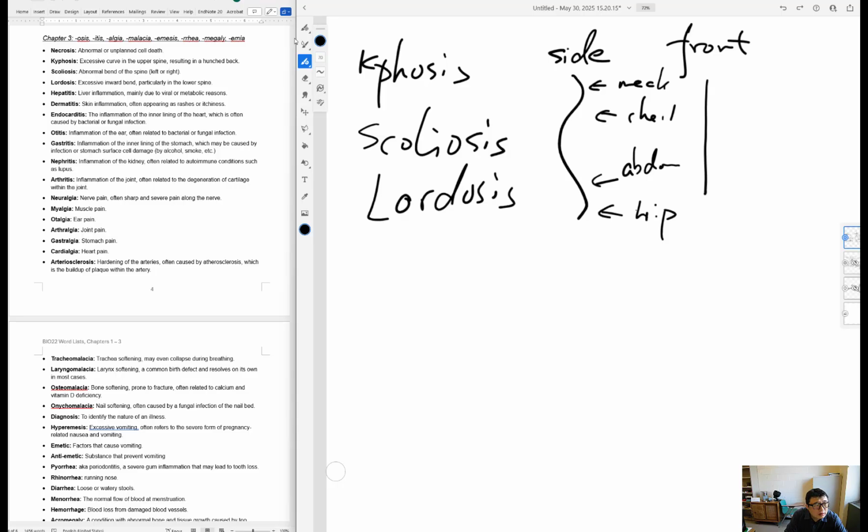Okay, and then what is kyphosis? Kyphosis means the upper back here is hunched. That's called kyphosis.